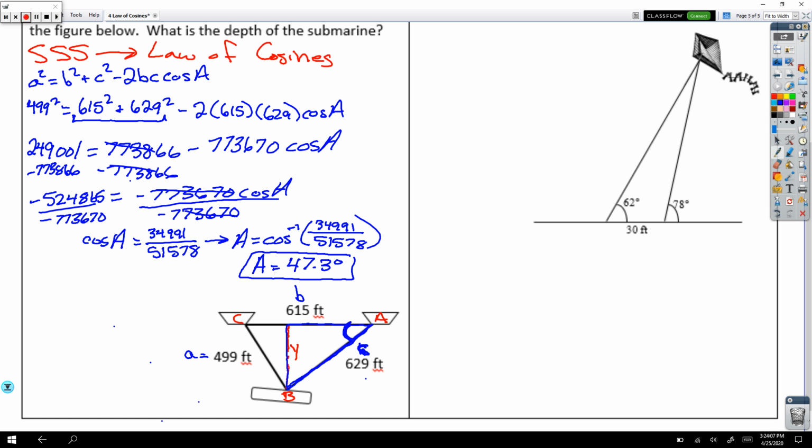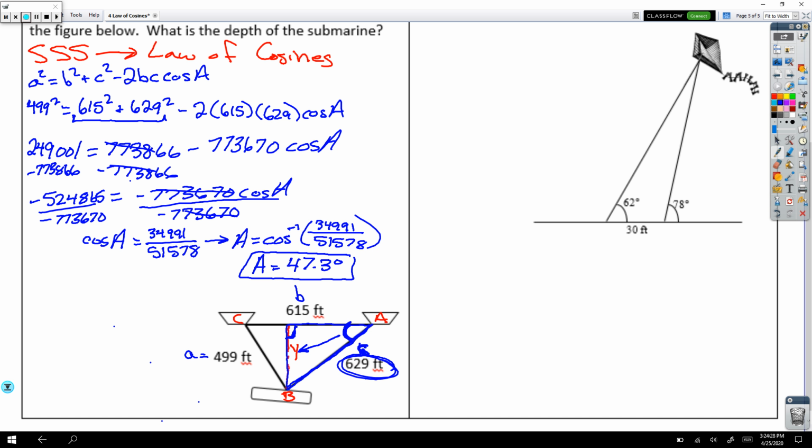Alright, now that I have that information, again, I'm going to use some of my right triangle trig. And I have angle A. The side length I'm trying to find is the opposite side, so I want to make use of sine. Remember, sine is opposite over hypotenuse. Here is my hypotenuse.